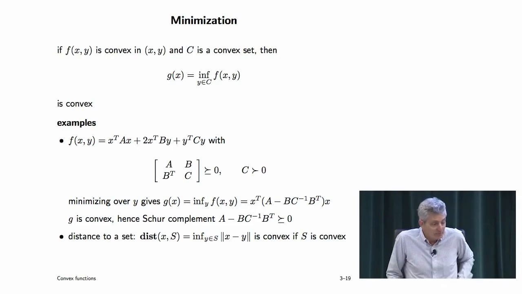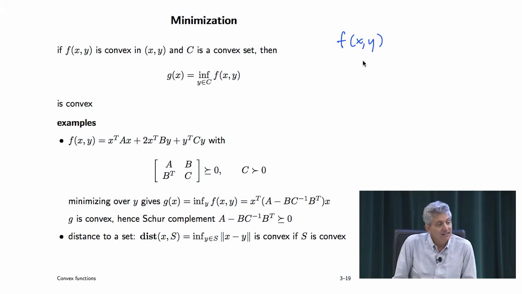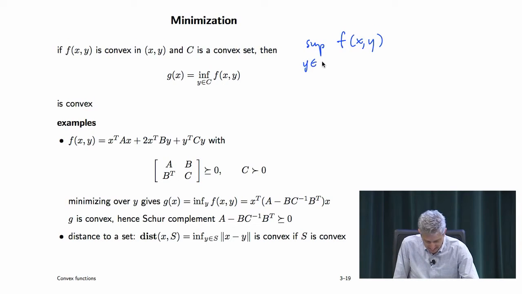So minimization is a very general construction. Oh, and I should contrast this with maximization. You'll remember the following, that if I had a function f of two variables here, if this function is convex in x for each y, where y is in any set, then the supremum over y is convex in x.